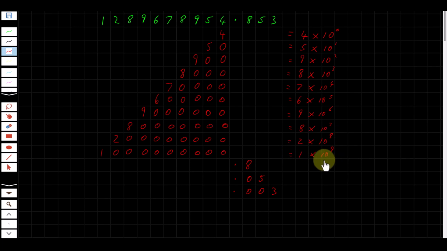We can see here the power gives us the number of zeros in the number: 1, 2, 3, 4, 5, 6, 7, 8, 9.